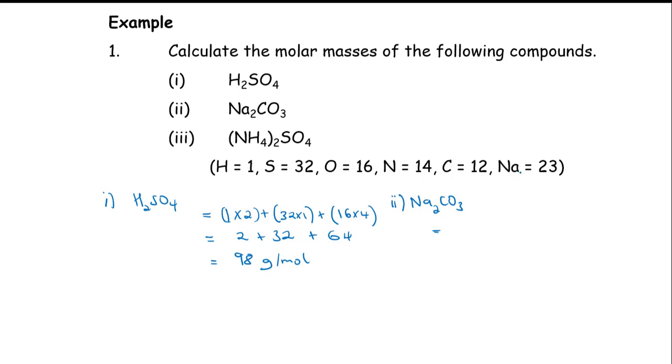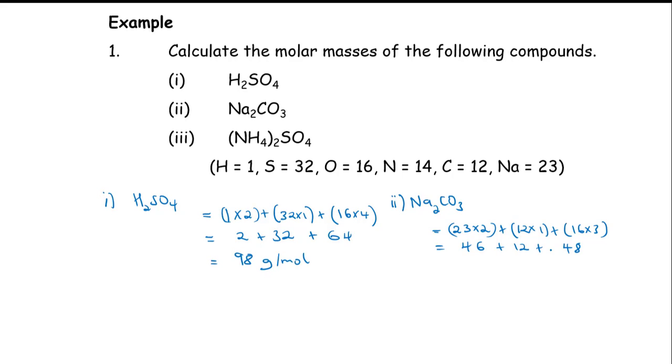So sodium is 23, so 23 times 2 plus carbon, we have 1 atom, which is 12 times 1, plus oxygen has 3 atoms, which will be 16 times 3.